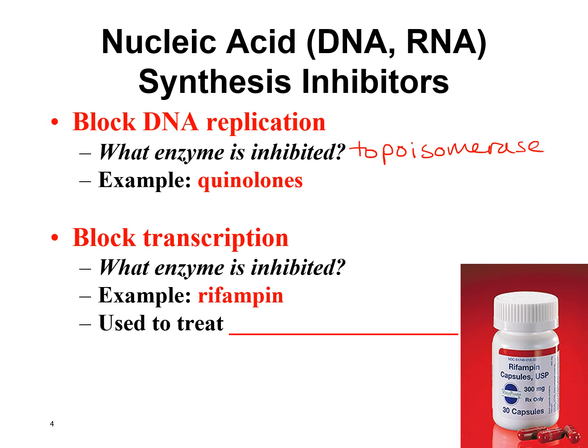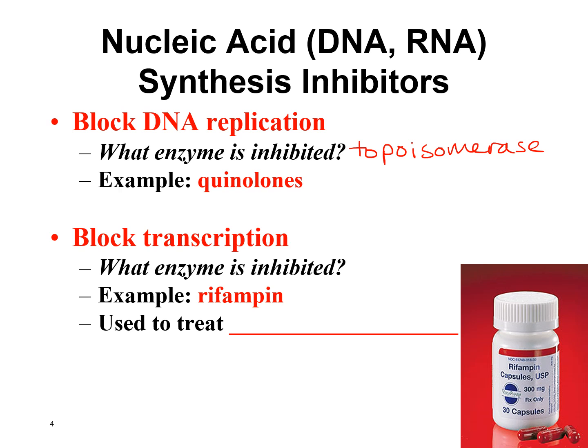And if you remember, during DNA replication, topoisomerase is the enzyme that runs in front of helicase, and it undoes all the knotting and the twisting in the DNA. And so if you block topoisomerase from working, then the bacterial cell can't replicate its chromosome, and then it can't divide, and that's a problem.